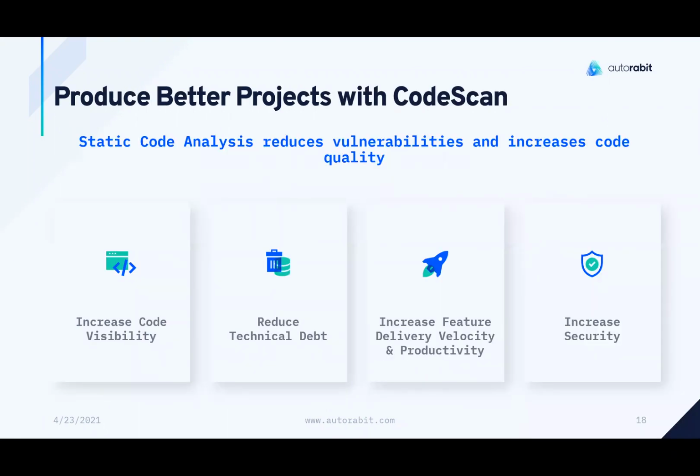And one such integration that AutoRABIT has recently acquired as well is CodeScan. So CodeScan is a static code analysis solution, or an SAST platform, where you get the flexibility to test your metadata changes to see if they follow best practices or not.